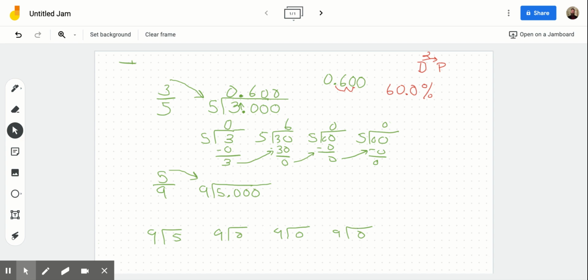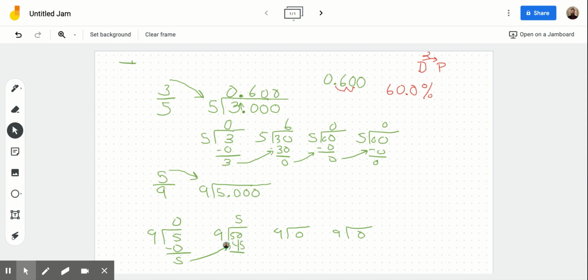9 goes into 5 0 times. We have 0 nines, we have 0. So we do our subtraction. Oh, sorry. I put the wrong number there, it's 5. So that 5 has got to now carry over. Let me fix that so it's a little more clear. 9 into 50 goes in 5 times, which is 45.